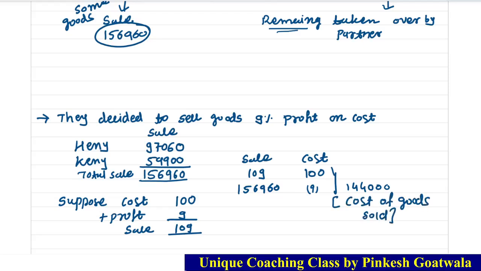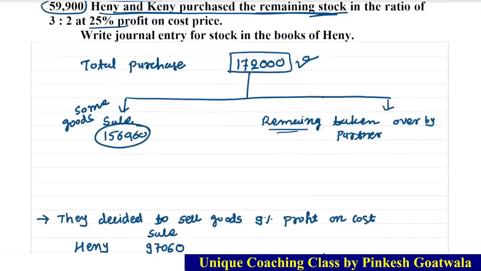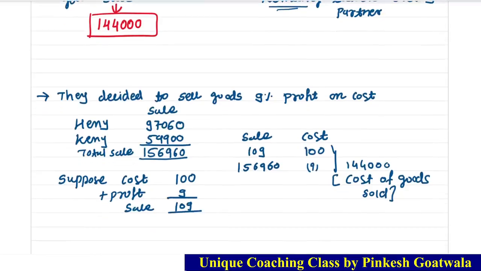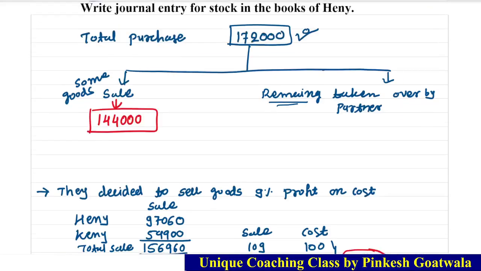It means how much goods has been sold from this 1,72,000. Out of 172, 1,44,000 goods has been sold. Now what will be the remaining?